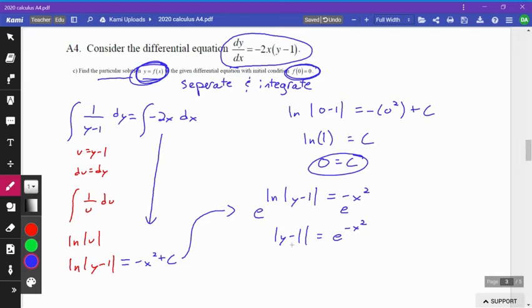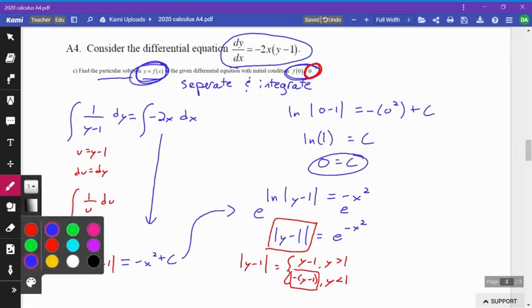I just can't drop the absolute value. I've got to remember that the absolute value can be written as y minus 1 when y is greater than 1, and negative times the quantity y minus 1 when y is less than 1. Since my y value is 0, I'm going to replace the absolute value with this right here.